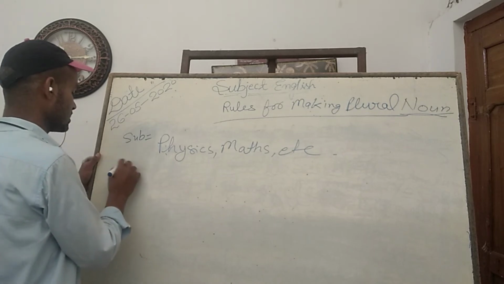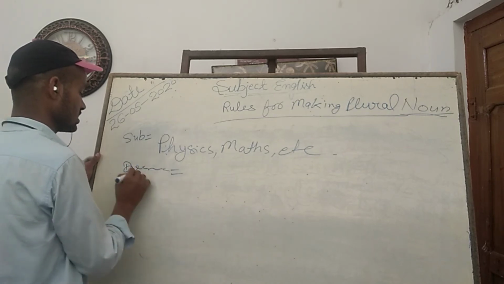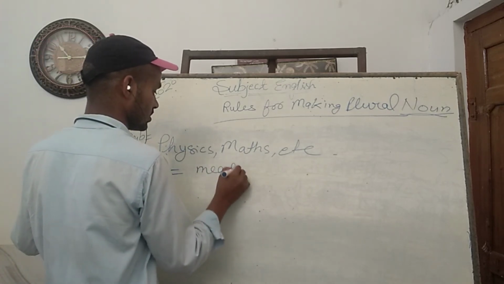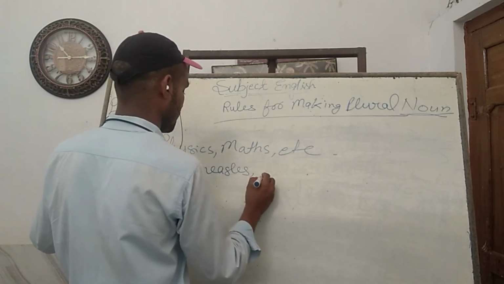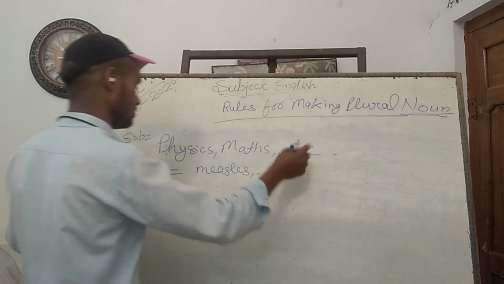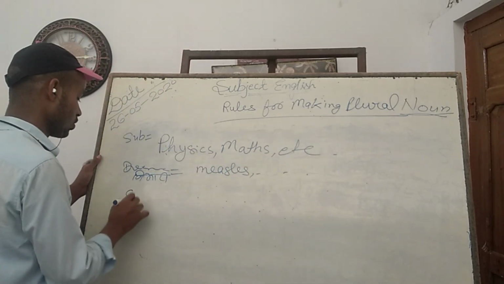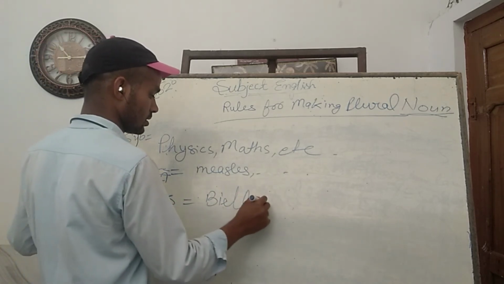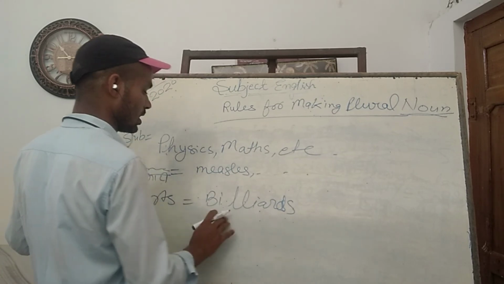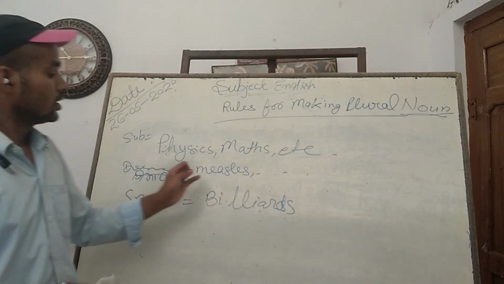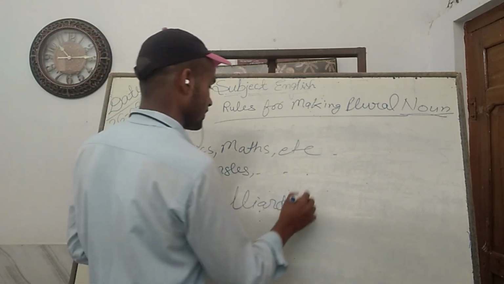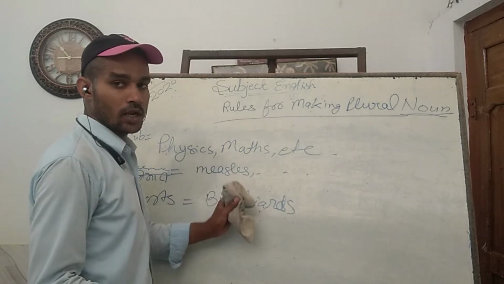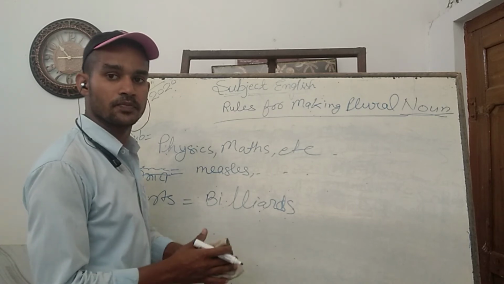We say disease, that is bimari. Measles and other diseases are also like this. Sports like billiards, etc. All these seem plural, but in real sense all these are singular.